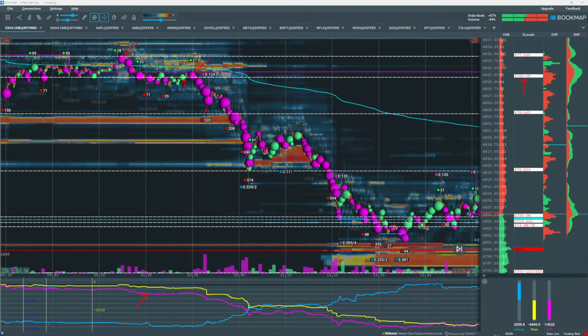Price breaks below the 47.85 level, giving you a great short setup all the way down to the put walls, 47.60 for SPX and 474 for SPY. And then on down to the liquidity below 4,800. So a great short setup in the S&P 500.